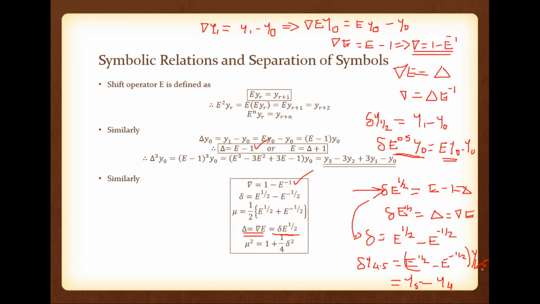So please note theta y 4.5 is equal to y5 minus y4.